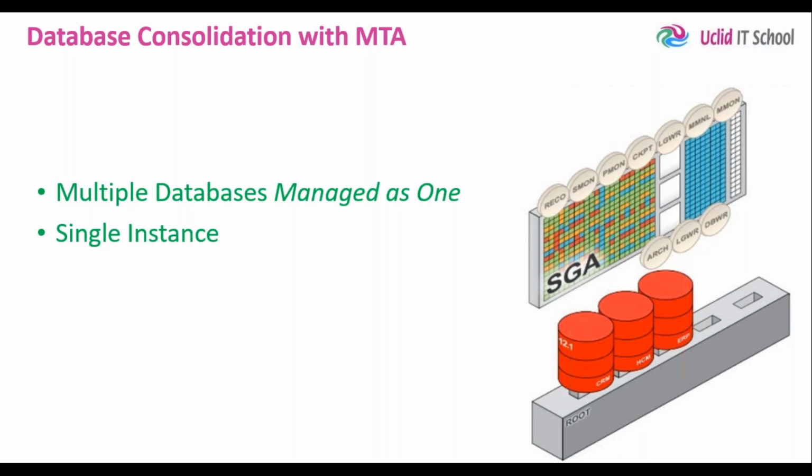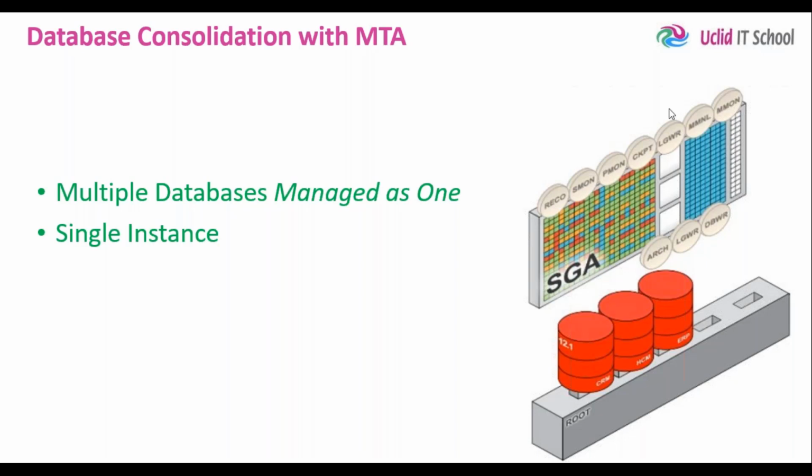If you don't control, one rogue database may consume all the available resources, denying those resources to the other databases. That will have impact on other databases. Though you consolidate, though you share resources, you can have control on each database's consumption.